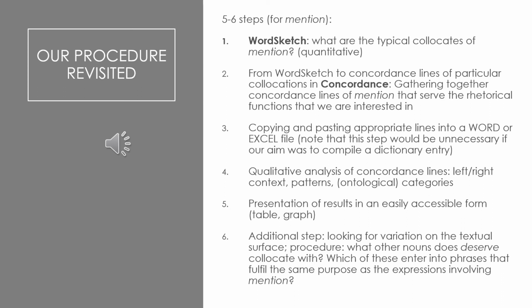And then a second sub-step might be to look at the phrases into which those verb-noun collocations enter. And then, of course, we need to judge whether the phrases we've found fulfill the same purpose as the expressions involving mention.